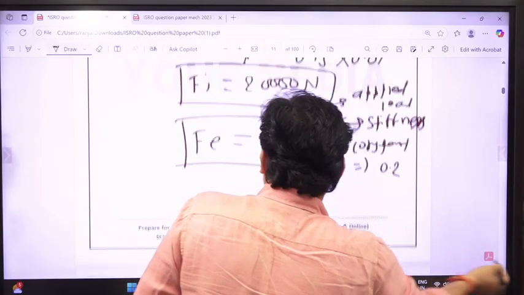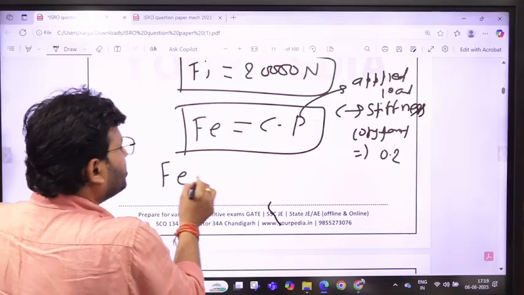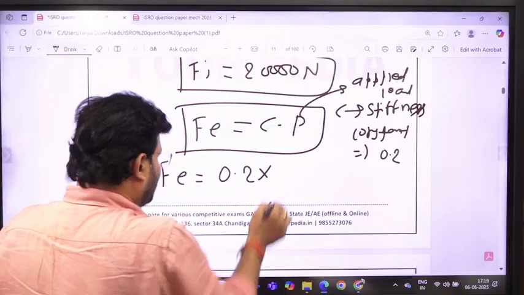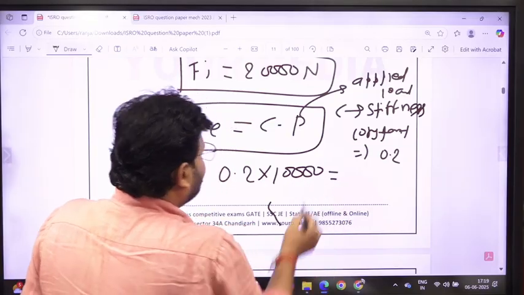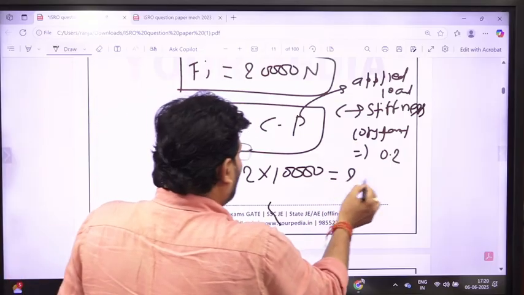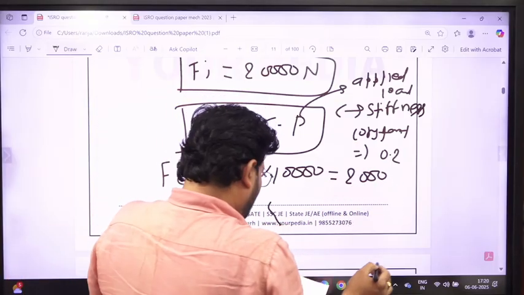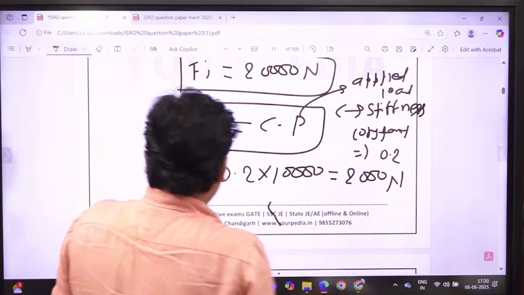So from there we can say, sir, Fe is coming out to be how much, sir? 0.2, and the applied load is given as 10,000. So by that you are getting 2,000 Newton. So what is the total force?